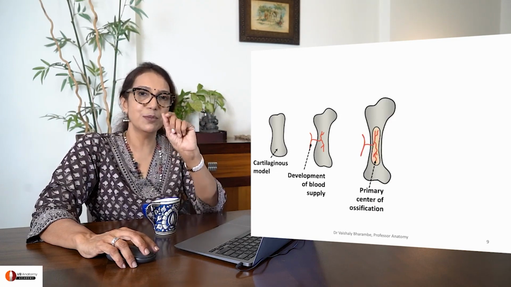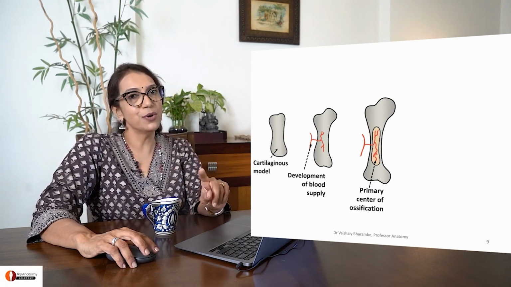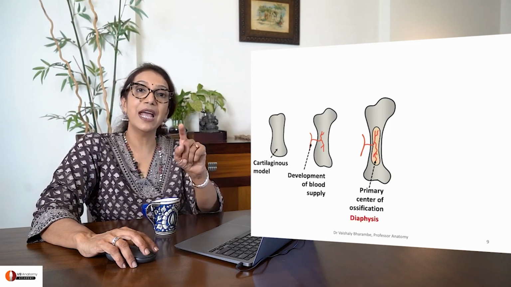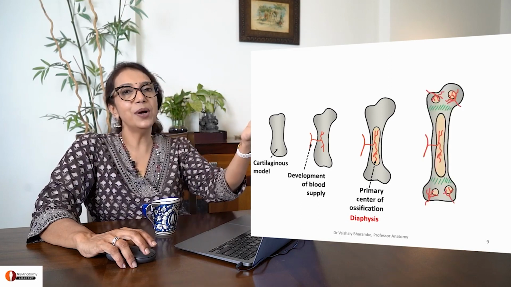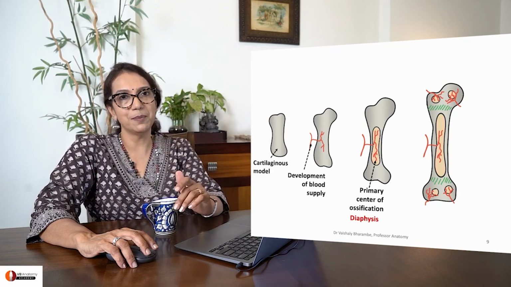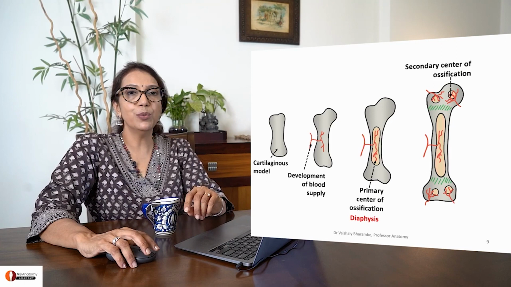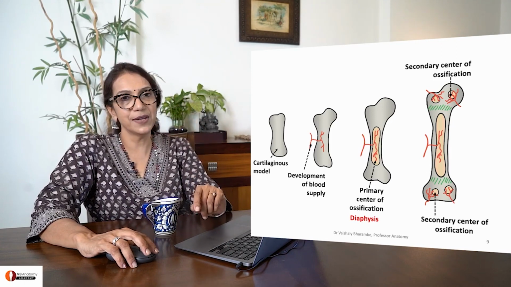This is the first bone formed and therefore is called the primary center of ossification. This center will finally form the diaphysis of bone. With time, the two ends of the cartilaginous model also begin to get blood supply and new bone gets laid down there. This new bone that gets laid down is called the secondary center of ossification.